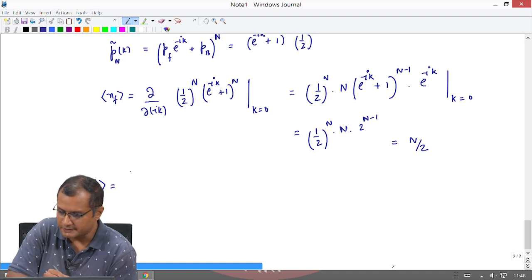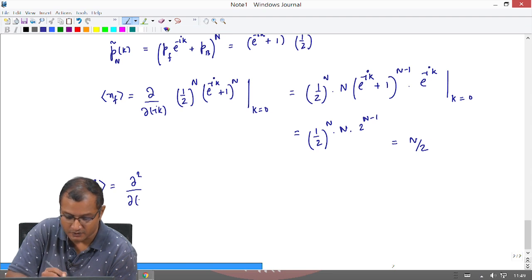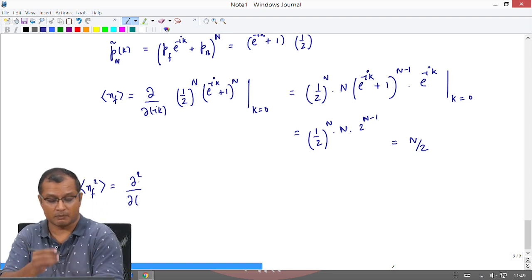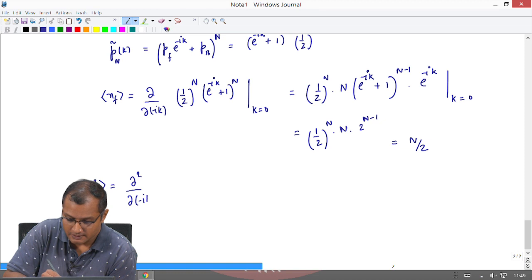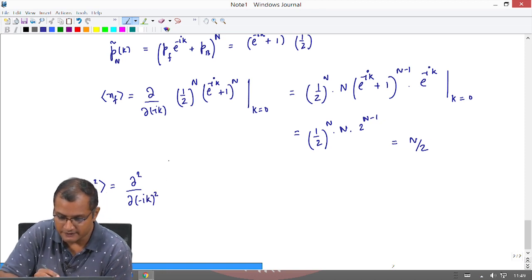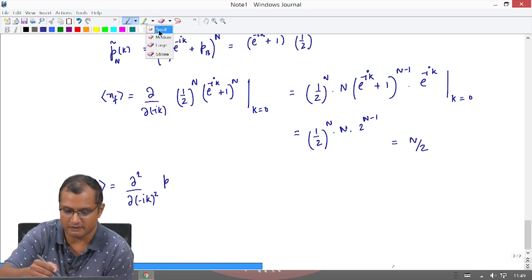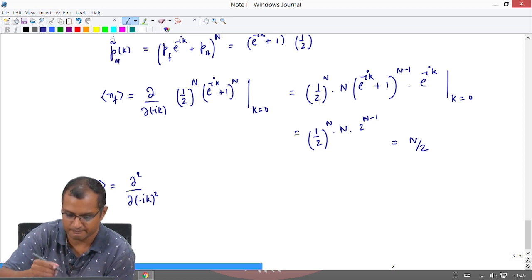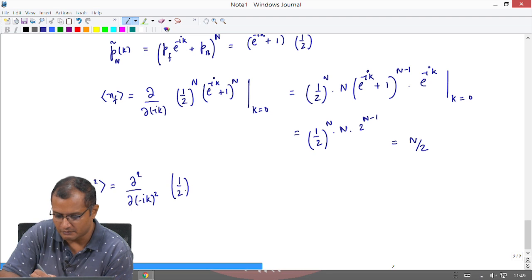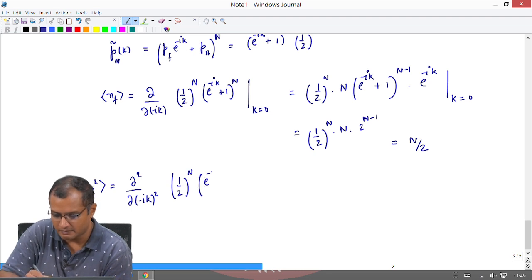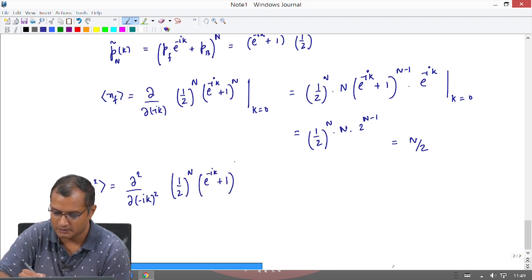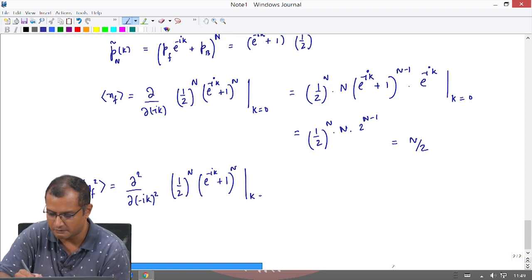So the second cumulant is the second derivative, sorry, I keep saying cumulant, this is the second moment of the moment generating function, which I am going to just write from the formula above. So, which is nothing but 1 by 2 to the power n into e raised to minus ik plus 1 to the power n at k equals 0.